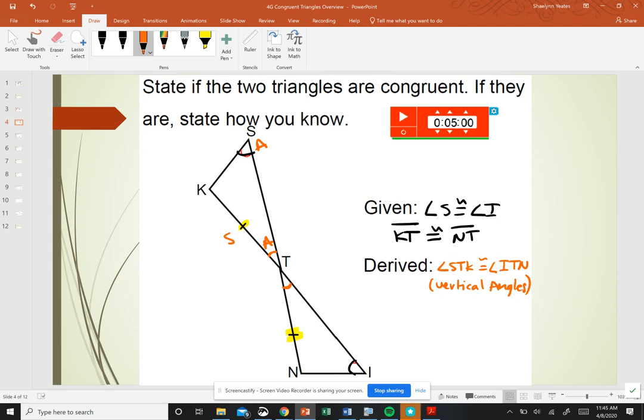Is angle, angle, side one? That works? Yeah. So I can say triangle STK is congruent to triangle ITN because S and I have the same angle measurement, T and T have the same angle measurement, and K and N have the same angle measurement. Okay, and we know this by angle, angle, side, or you could say side, angle, angle if you really want to. Both of those are correct.